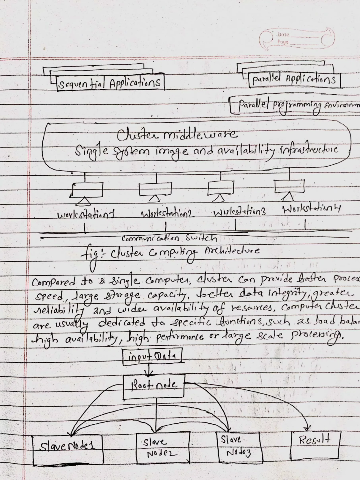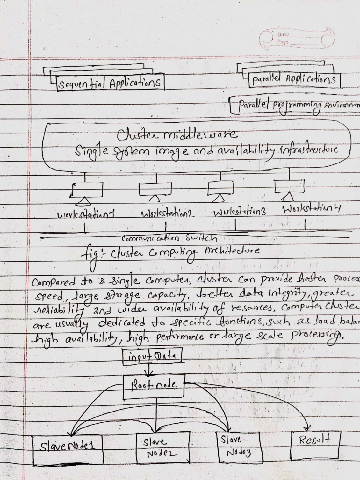Cluster computing architecture. These are the workstations: workstation 1, workstation 2, workstation 3, workstation 4. Cluster middleware: single system image and availability infrastructure.